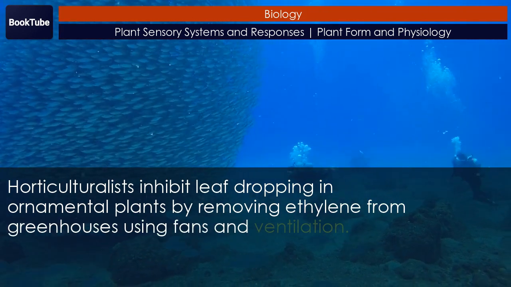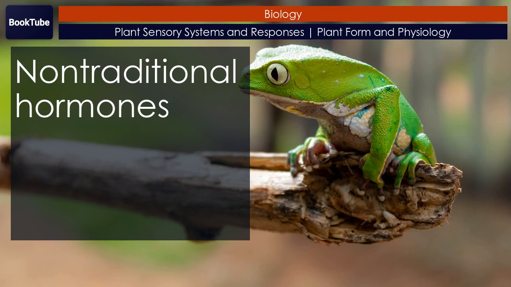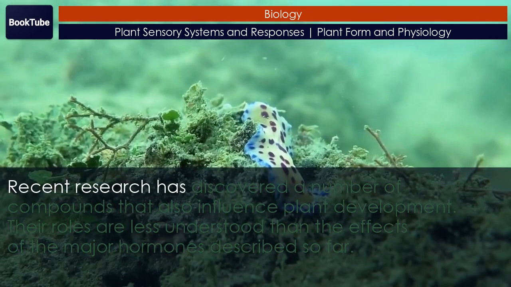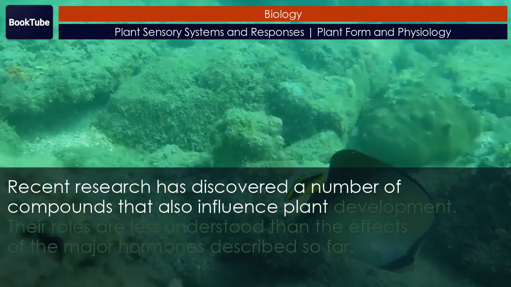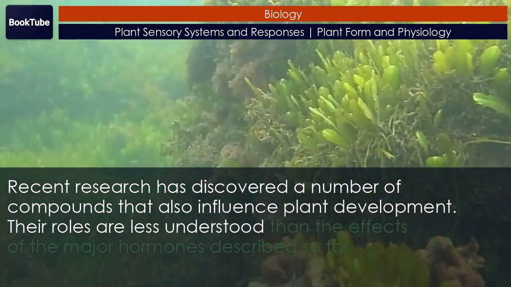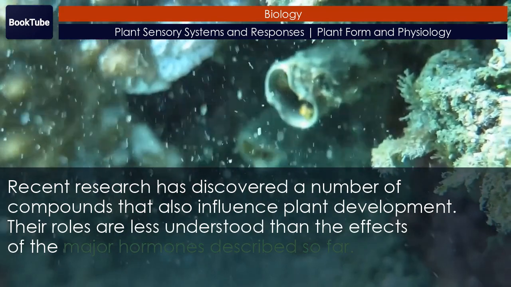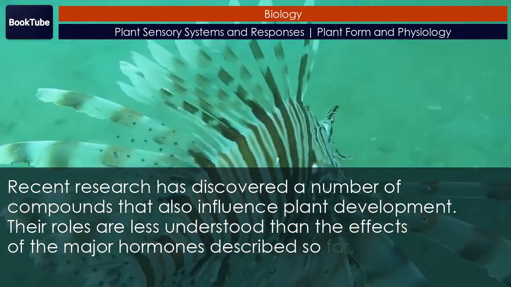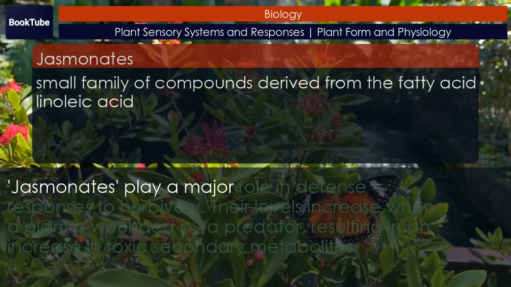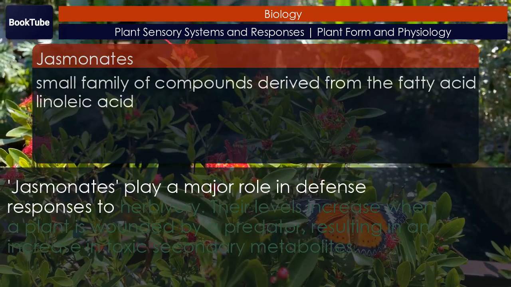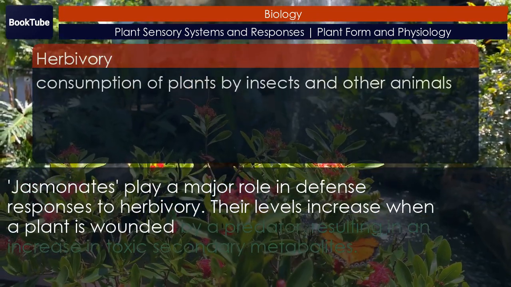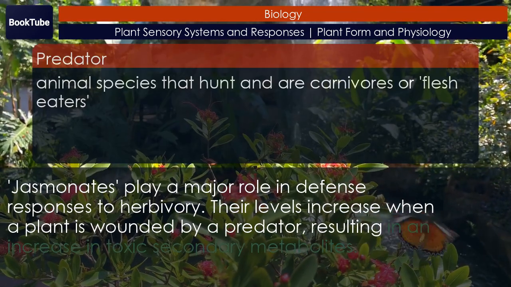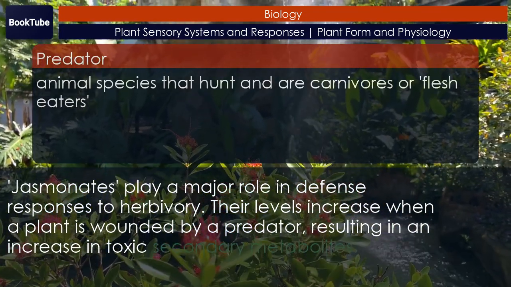Non-traditional hormones. Recent research has discovered a number of compounds that also influence plant development. Their roles are less understood than the effects of the major hormones described so far. Jasmonates play a major role in defense responses to herbivores. Their levels increase when a plant is wounded by a predator, resulting in an increase in toxic secondary metabolites.